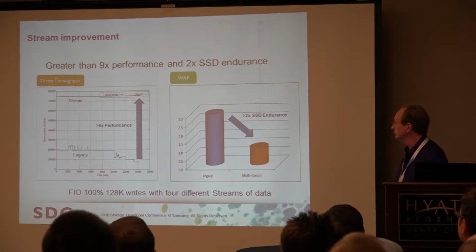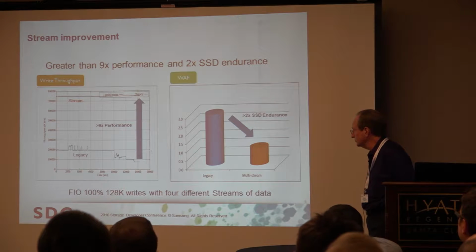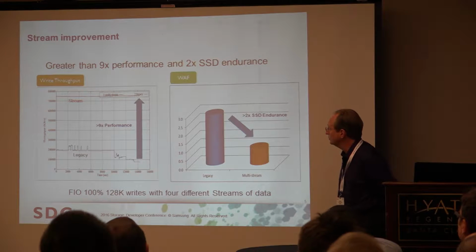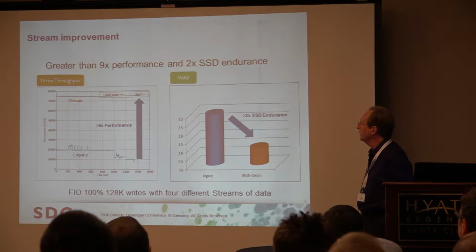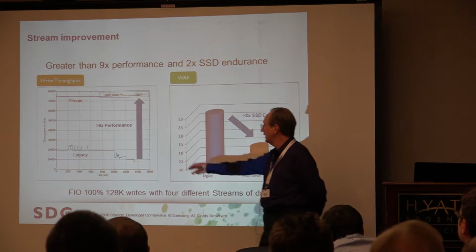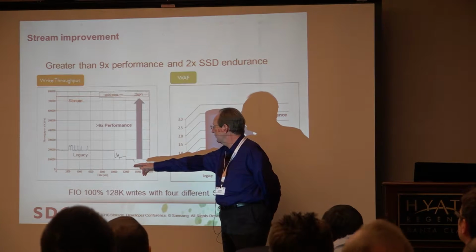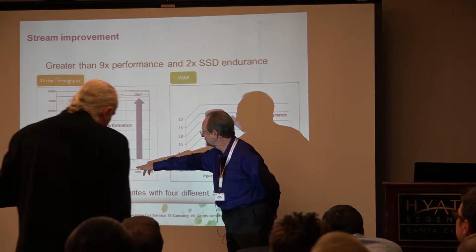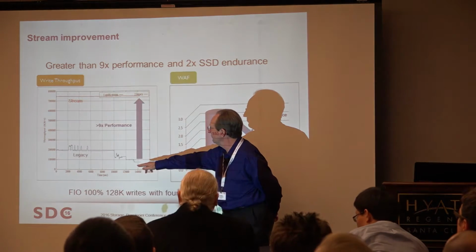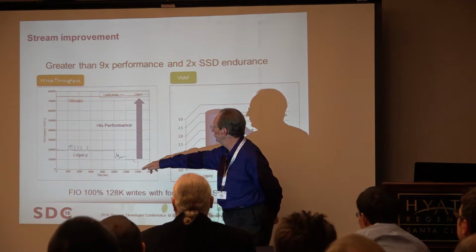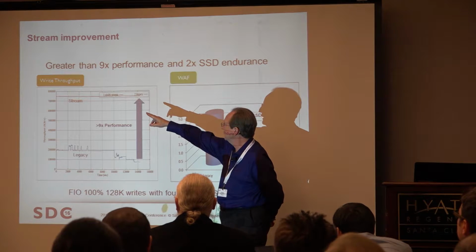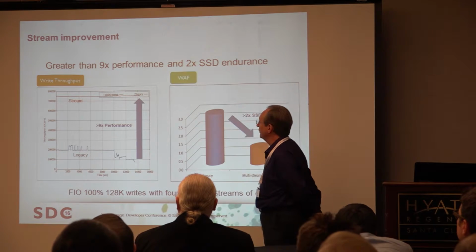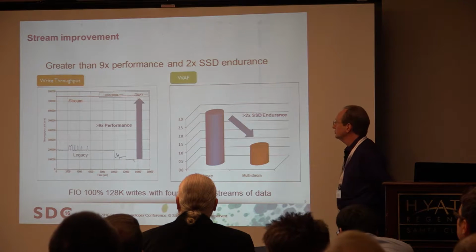Stream improvements, these are some tests. This is a Samsung test that was done showing the improvement. Here you'll see with a legacy operation, we have about 75 gigabytes throughput. With the stream operation, we're getting about 750 gigabytes of throughput.